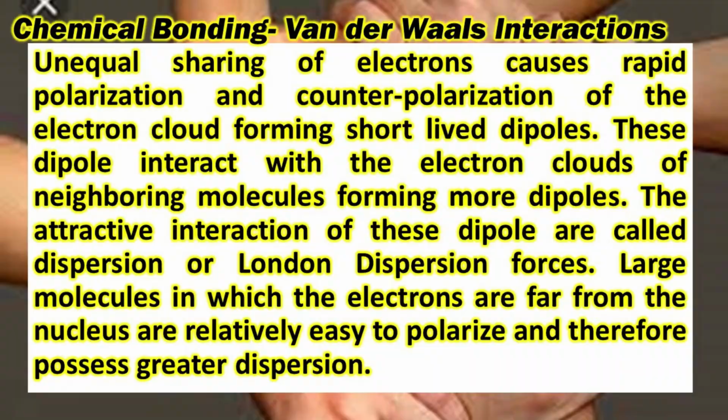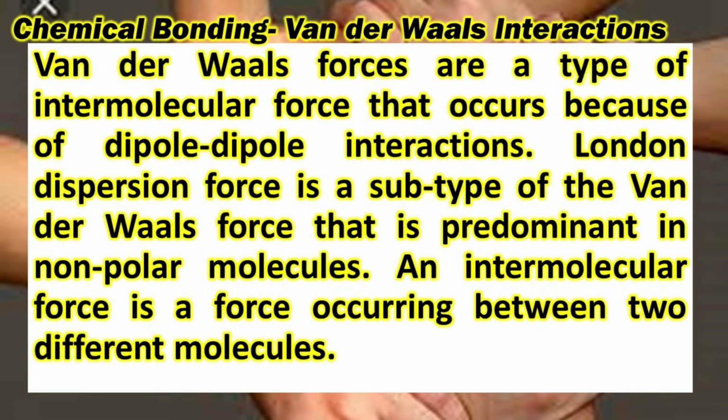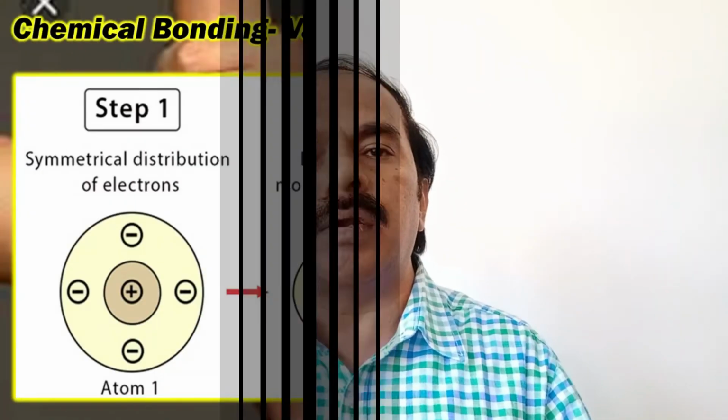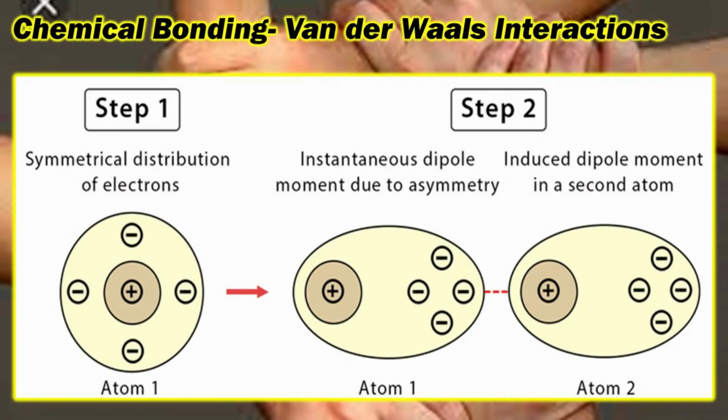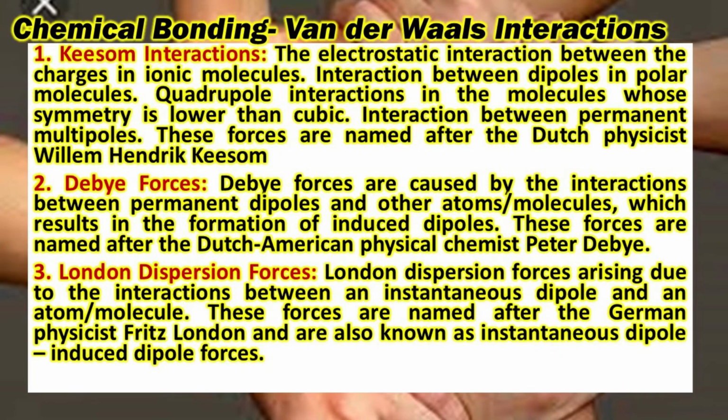A single atom will produce two poles, and a non-polar atom will become polar by uneven distribution of electrons, and thus bonding occurs between two molecules or two atoms, resulting in van der Waals interactions. Under this there are different types again, and one most common type of van der Waals interaction is London dispersion forces, where dipole-dipole moment occurs.